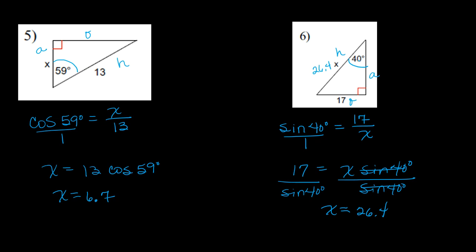Like I said, the tangent of 40 is equal to 17 over A. We could use the adjacent over hypotenuse, so that is cosine. So we could use the cosine of 40, or we could use Pythagorean theorem where we have a squared plus 17 squared is equal to 26.4 squared. So you have several options when you know two side lengths.